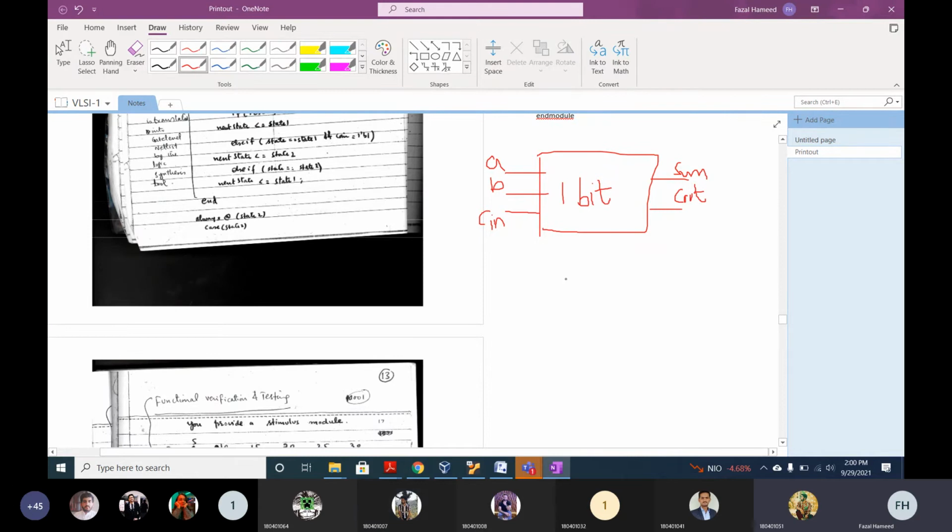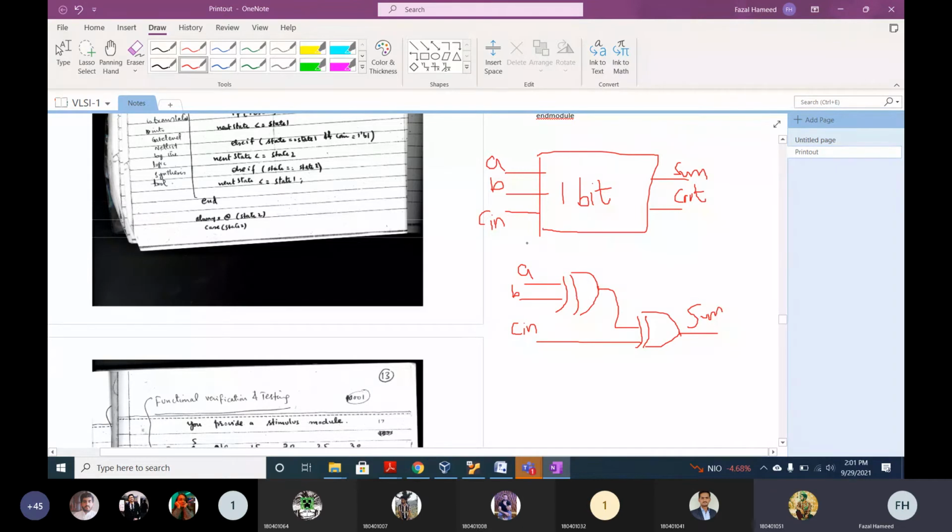Okay. Now, how can we calculate the sum at the gate level? Maybe you have designed this adder like this. Yes, sir. Now this is only the expression for sum.